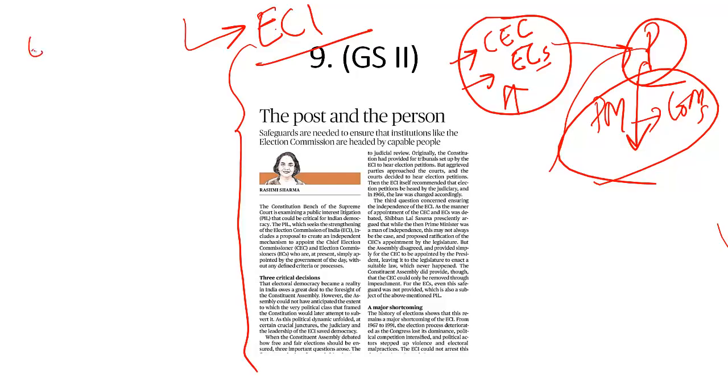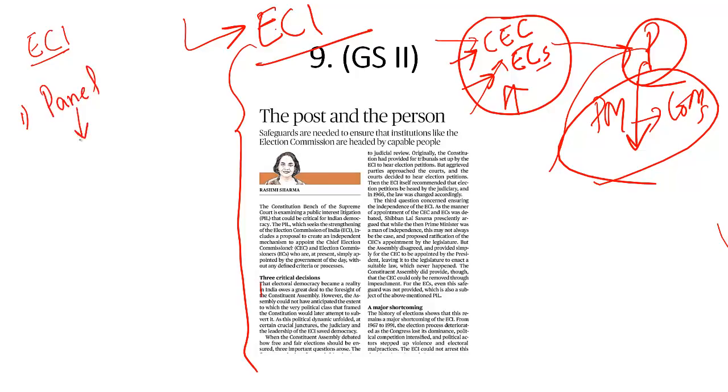Election Commission over a period of time had recommended some of the reforms to the government, but the government is silent on the implementation of these reforms. For example, Election Commission said that right now, since the president appoints chief election commissioner and election commissioners, why can't we ensure that these appointments are done by a panel?